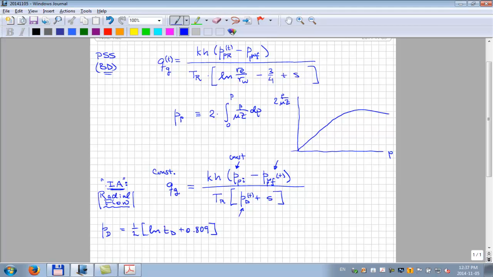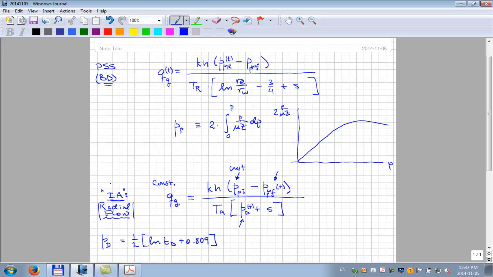And the point I want to make here is that for this first equation, there's only one constant, okay?